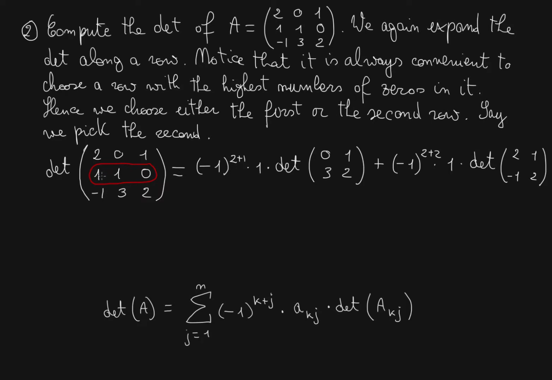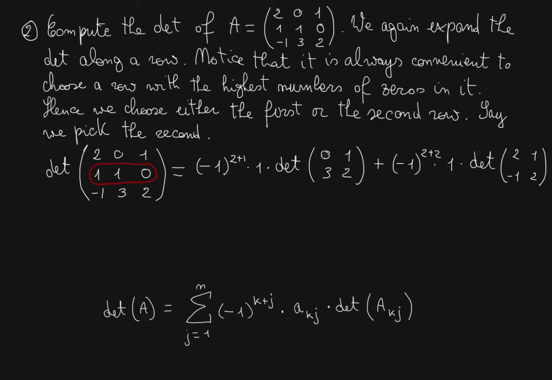So this coefficient 1 corresponds to the second row and the first column. The power to which we raise -1 is going to be 2 as the second row plus 1 as the first column, times the coefficient itself, which is 1, times the determinant of the submatrix we obtain removing the first column and the second row.